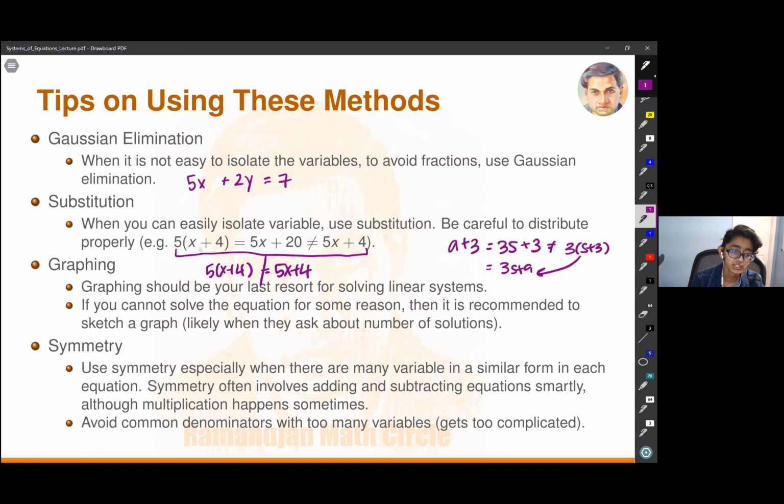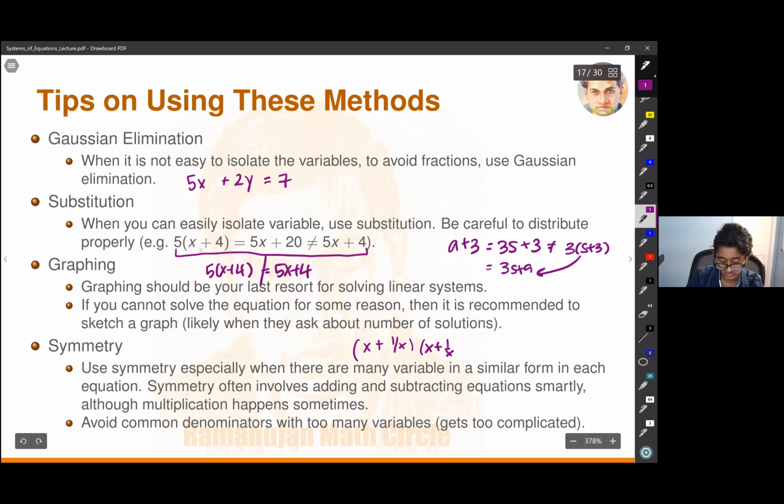And lastly, symmetry. Use symmetry especially when there are many variables in a similar form, because you can add or subtract equations slyly, very smartly, like we did for the last example, and try to avoid multiplication. I would say it's not the end of the world if you use multiplication, because sometimes things can work out very well, especially when you have something like x plus 1 over x, and you multiply that by another x plus 1 over x.